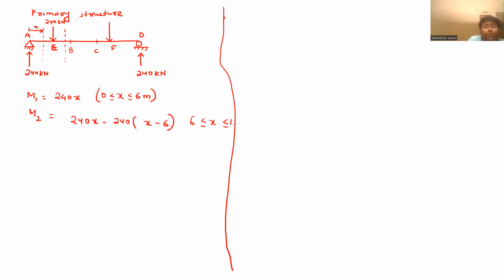It will be 12. Because I know from this, when I give it a cut, this bending moment equation will remain the same till point F. But why am I giving it till point B? Because for the convolution due to unit load, you have to write the moment. And there you will see when you apply 1 unit force here, left of that and right of that, the equations are different.